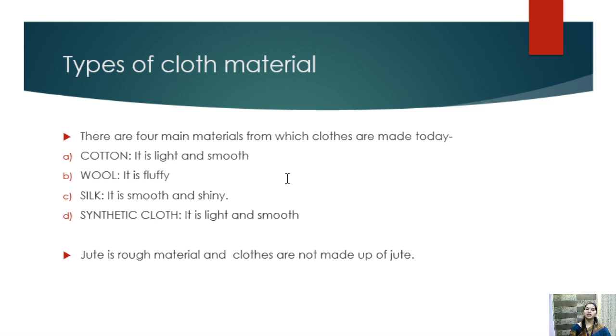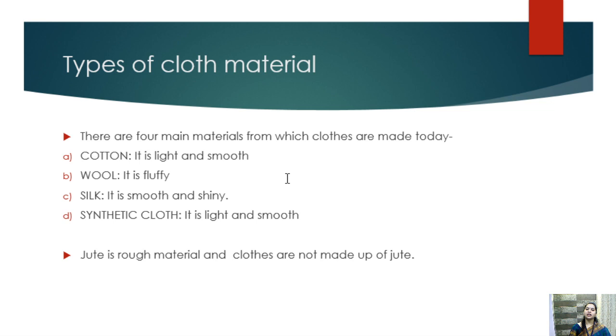Okay. Then silk. So how does silk look? Silk is very shiny, it has a luster and it is very smooth. Yes. Basically, saris are made from silk. Okay. So silk is also a material. Then we have synthetic cloth.